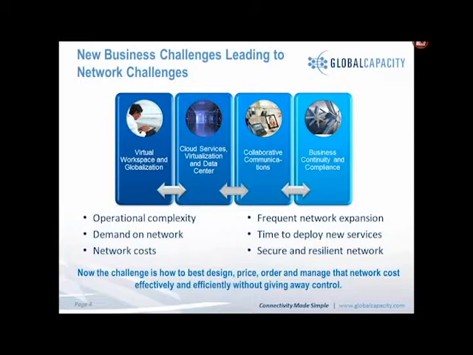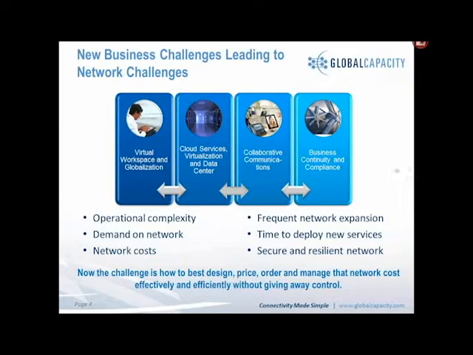Frequent network expansions come with the acquisition of new locations, interconnecting with partner environments, and the spinning up of new cloud computing in different locations. All of this leads to the challenge of how you best design, price, order, and manage the new complexity that addresses the demands of all these new connectivity elements.